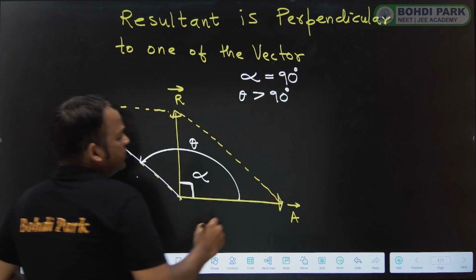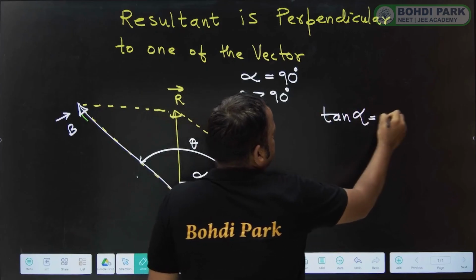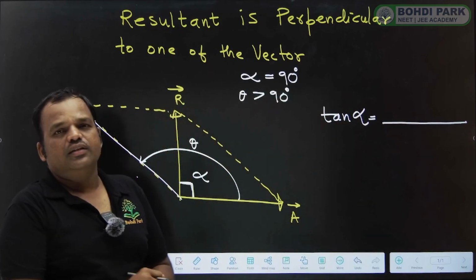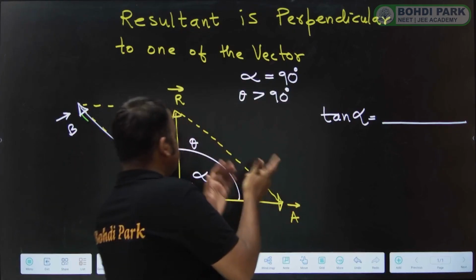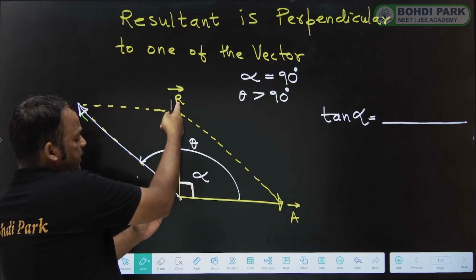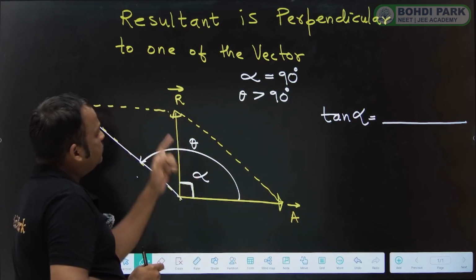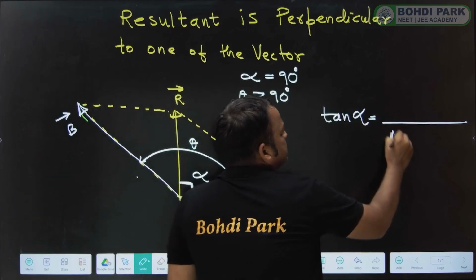Now we have a formula for tan alpha. To write tan alpha, first you look in the diagram: alpha is made by resultant with A vector. So write A first in the denominator.